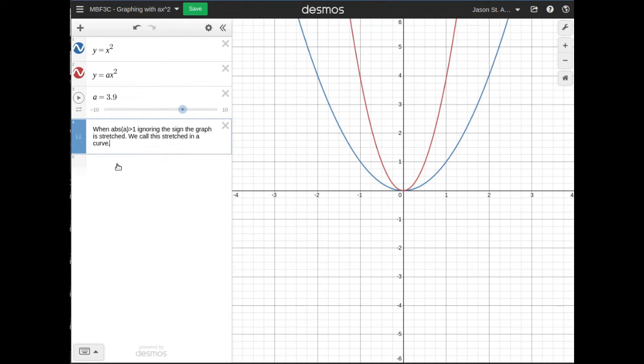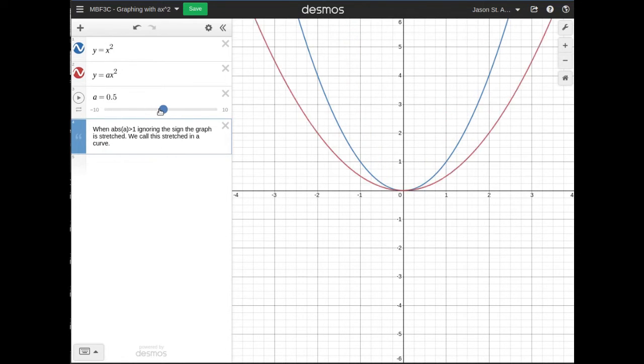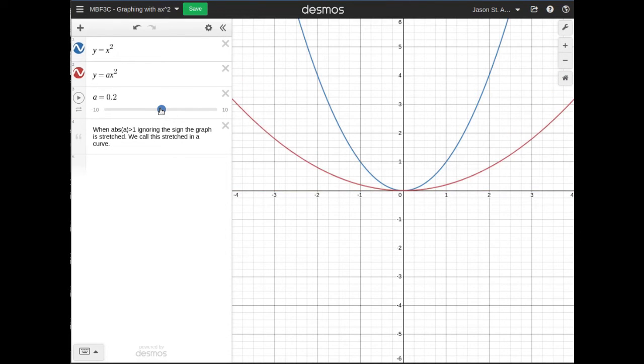Now, my question for you is, ignoring the sign, what would happen if our value of a was between 0 and 1? So let's change this to say 0.5. As I get closer and closer to 0, my graph gets fatter and fatter, right?